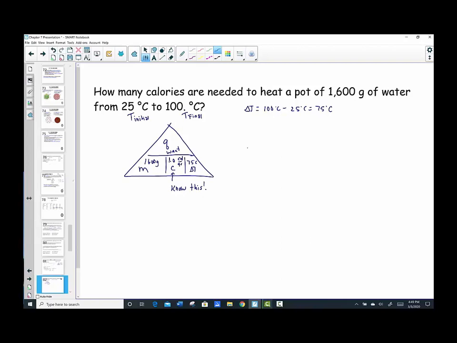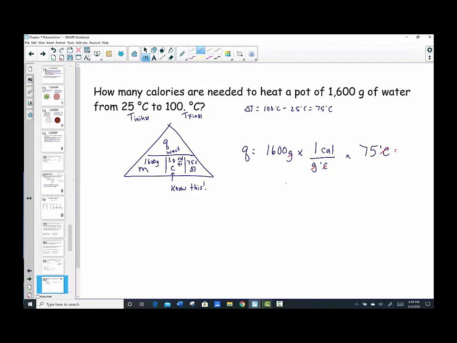So I want to know Q. I'm going to find that by multiplying m times c times delta T: 1,600 grams times 1 calorie per gram degree Celsius times our delta T, which was 75. Notice how grams canceled? Do you notice how Celsius canceled?